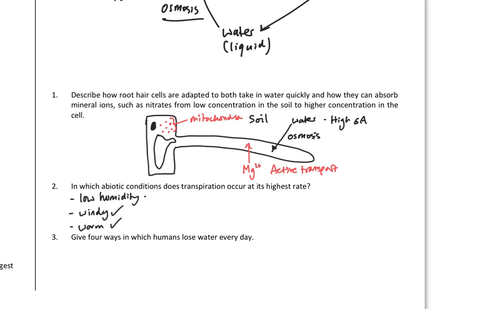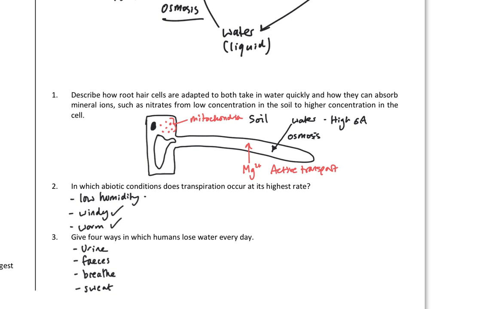And three's a bit random, but there are 4 ways in which humans lose water every day. We lose it in our urine, we lose it in our feces, we lose it when we breathe, and we lose it when we sweat. There we go. Feces isn't controllable, really.